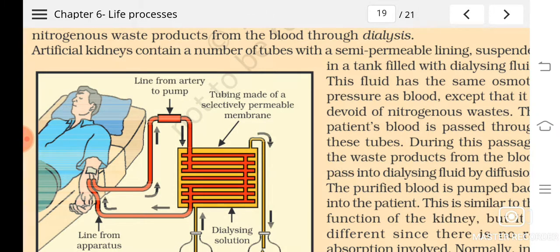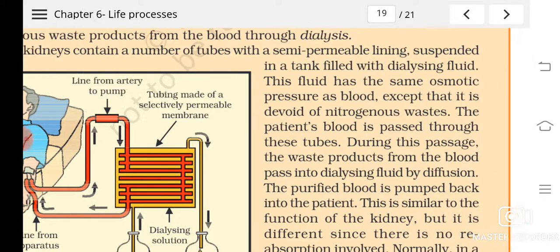The fluid has almost the same osmotic pressure as blood. Only one difference is there, that there won't be any nitrogenous waste in it. You have studied about semi-permeable membranes.